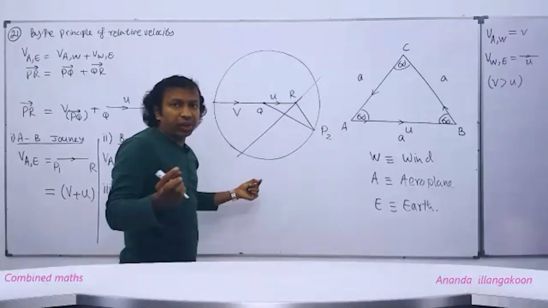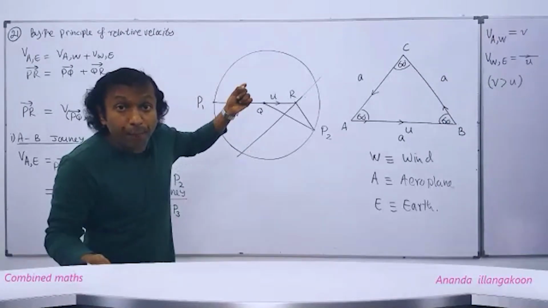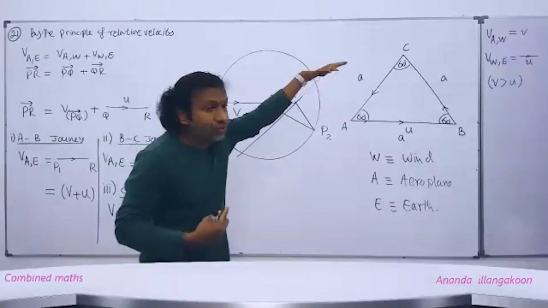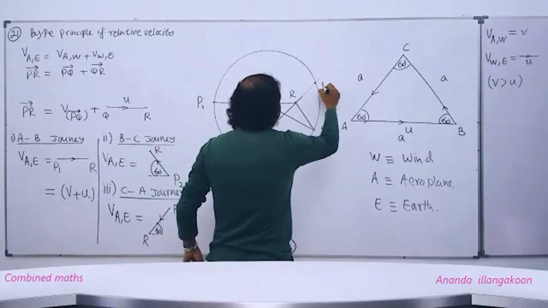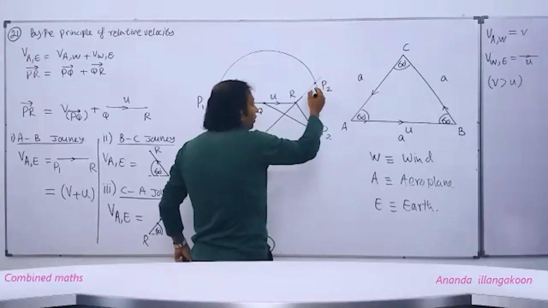Then there are 2 locations for the point P2. But finally, when we move from P2 to R, that direction should be from C to A. So therefore, definitely point P2 should be here. Then only when we move from P2 to R, we get the direction from C to A like this.